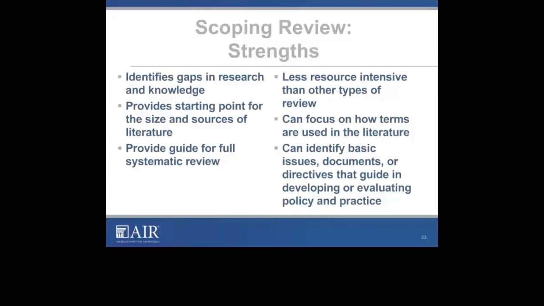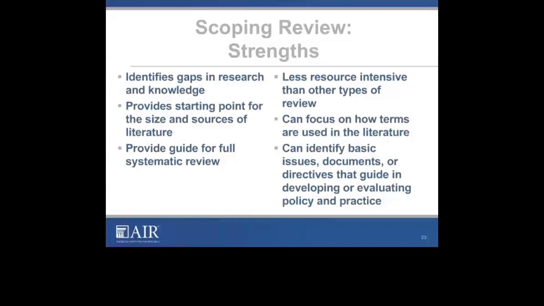One of the issues that probably gets the most attention in scoping review is that it tends to be less intensive in resource demands. That's a euphemism for it doesn't take nearly as long.